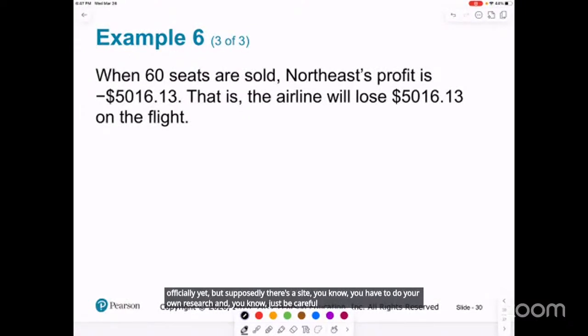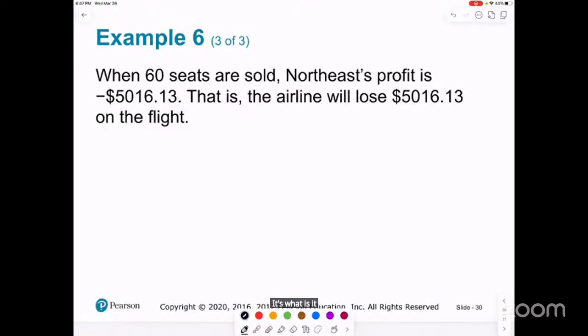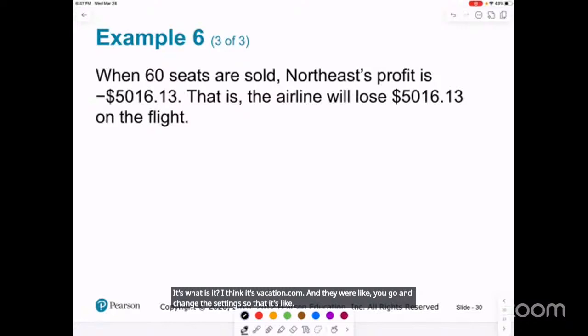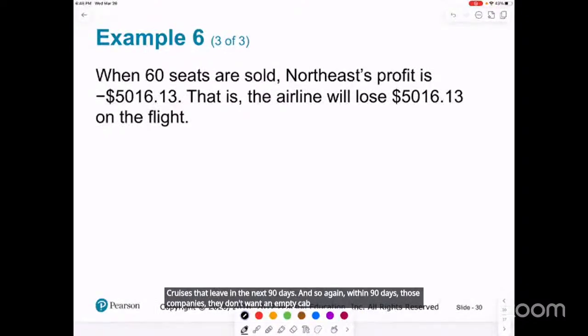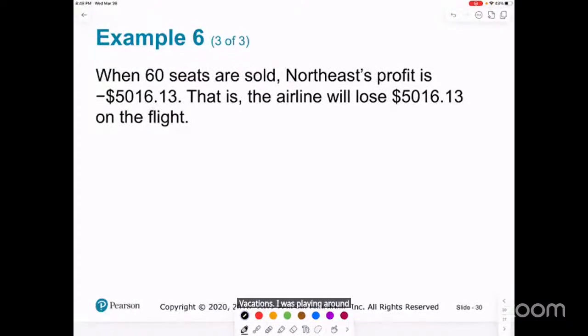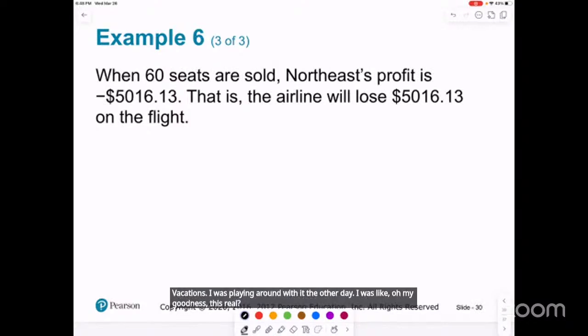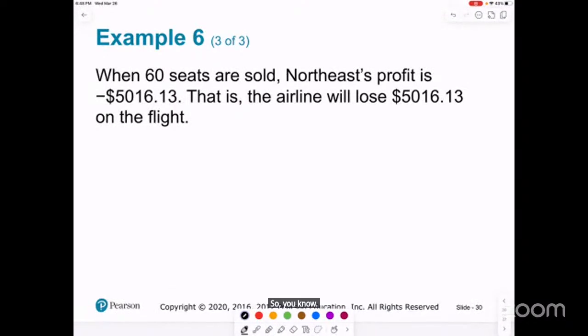I think it's vacation.com, and they were like, you go and change the settings so that it's cruises that leave in the next 90 days. And so again, within 90 days, those companies, they don't want an empty cabin. So you can get them reduced up to like 90% or something like that. I was playing around with it the other day. I was like, oh my goodness, this is real. So, just be careful, do your best. But yeah, I think what we got is fine.